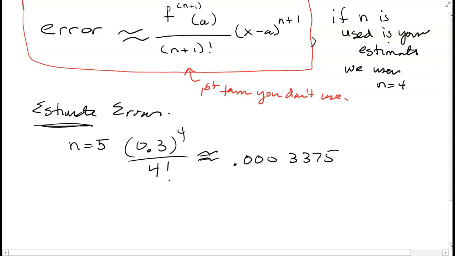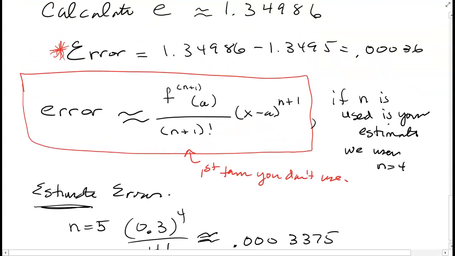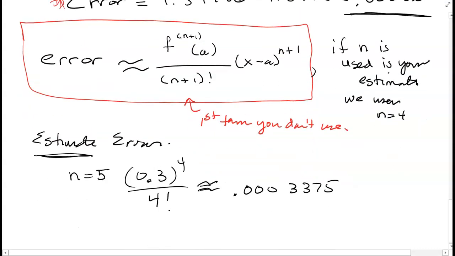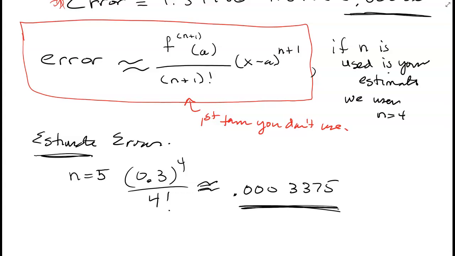Basically, it states your actual error is going to be close to the value of the next term. Granted, your estimated error is going to be a little lower because there's more terms to add, but those terms start to get really small, so it doesn't matter.